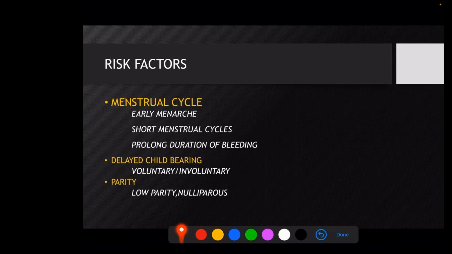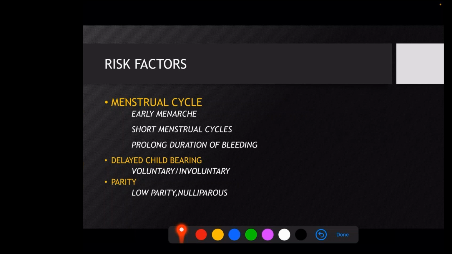Then a very important area: what are the risk factors of endometriosis? First, related to the menstrual cycle, it is common in women with greater exposure to menstruation, having early menarche and polymenorrhea. Polymenorrhea means short cycles with a prolonged duration of bleeding.